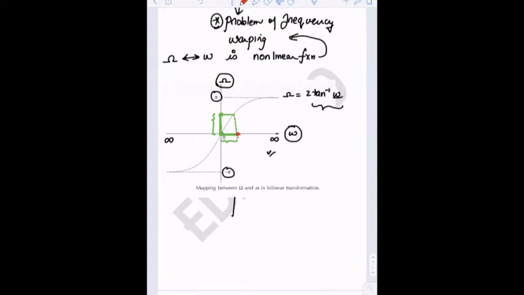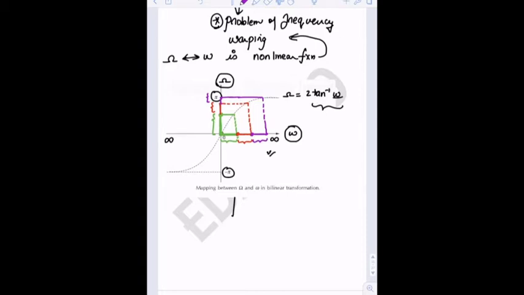If the width of red and green is the same, you can see that the width of red will be reduced on the digital frequency axis. Similarly, the third one will be further reduced on the digital frequency axis.